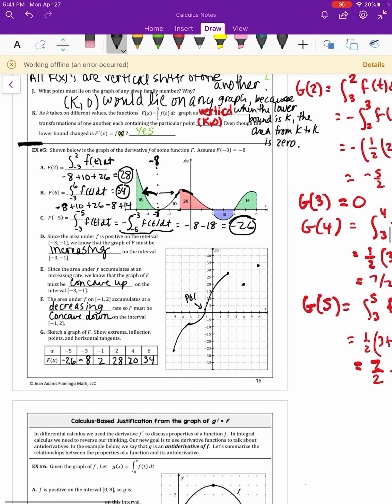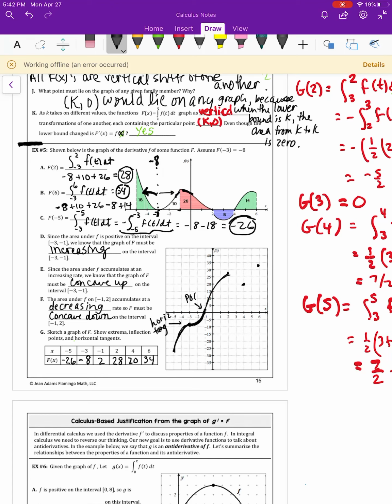And this is probably more flat here, more like a horizontal tangent. I know it's hard to show. So this is a horizontal tangent at negative 3, right there, where you've got a 0. And there's your point of inflection where it goes from being concave up to concave down.